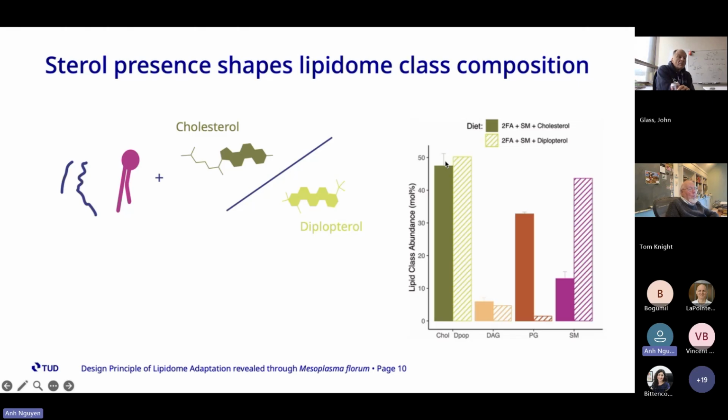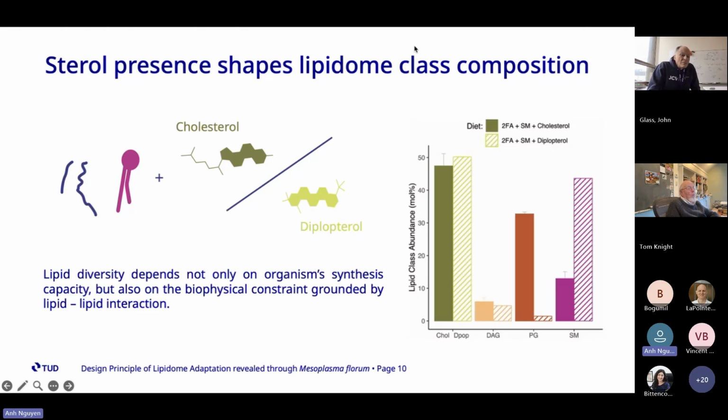And this unsaturated bond is at delta 9, which we found in a previous publication does not have a favorable lipid-lipid interaction with PG. This is not the case for sphingomyelin. We also looked into how diplopterol interacts with sphingomyelin, and they actually have favorable interaction.